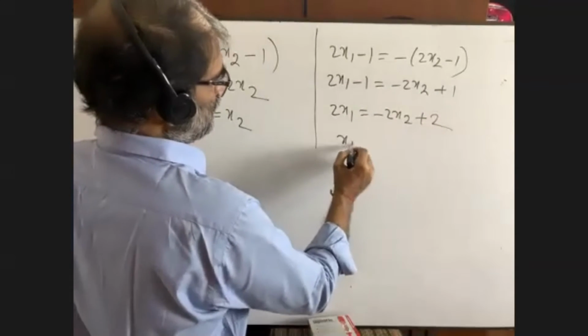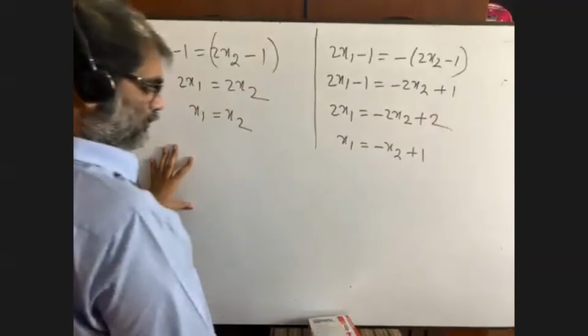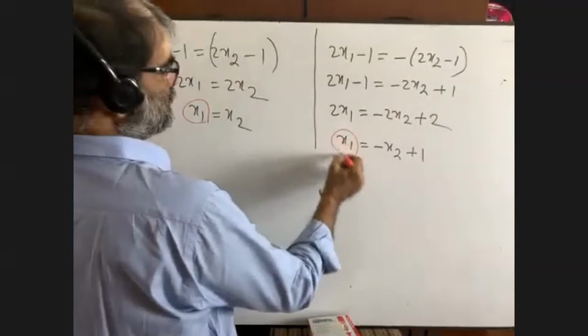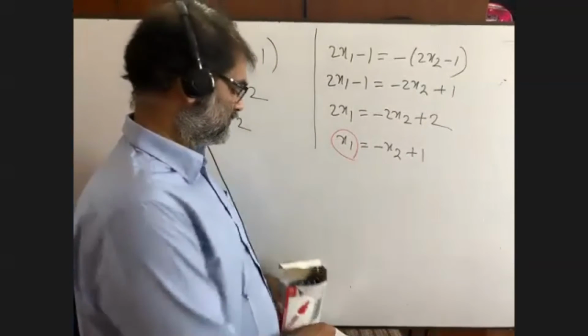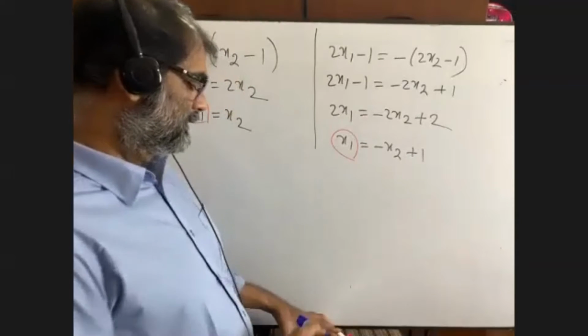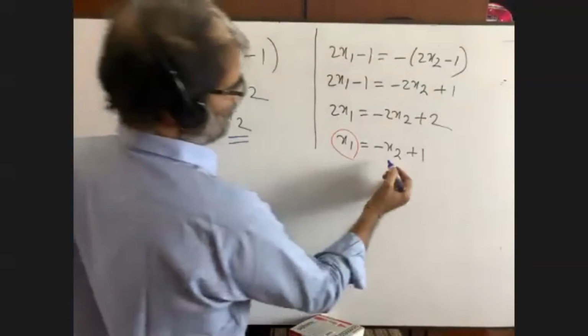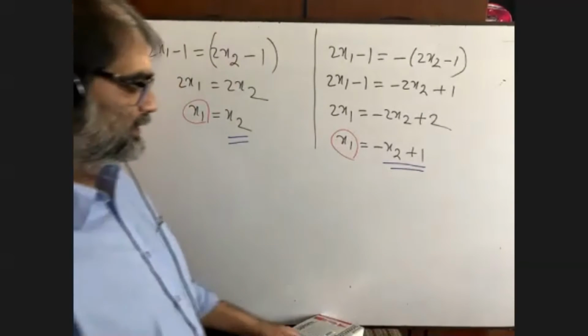We are getting x1 equals to minus x2 plus 1. Now you see, the left hand side x1 is the same, but our right hand sides are not the same. Our right hand side is here x2 and here minus x2 plus 1, right? So we are not getting the same, is it?